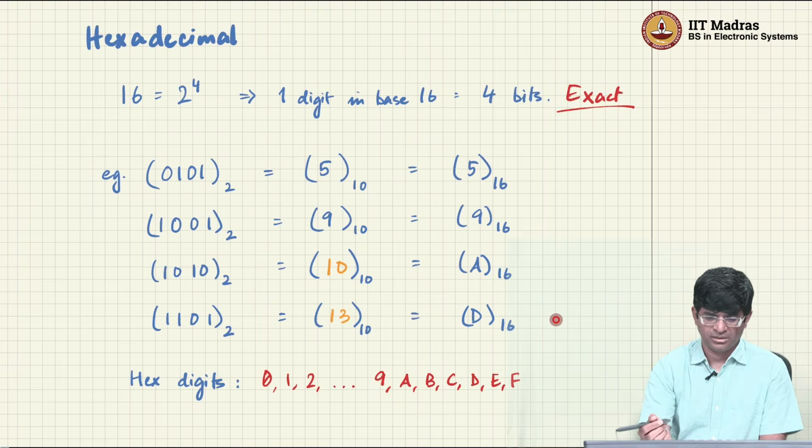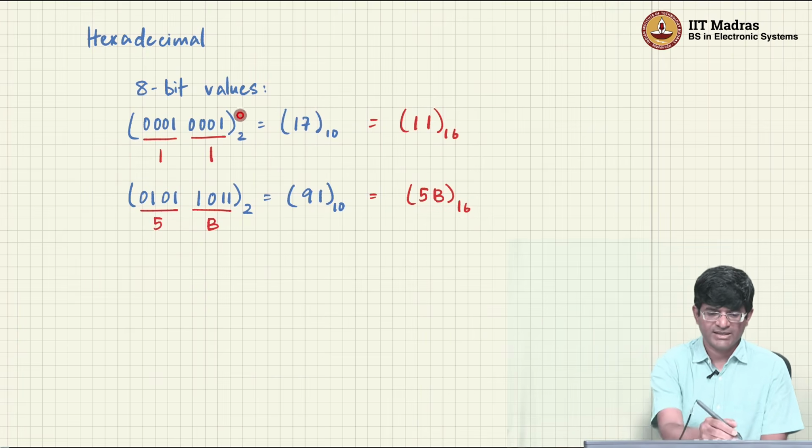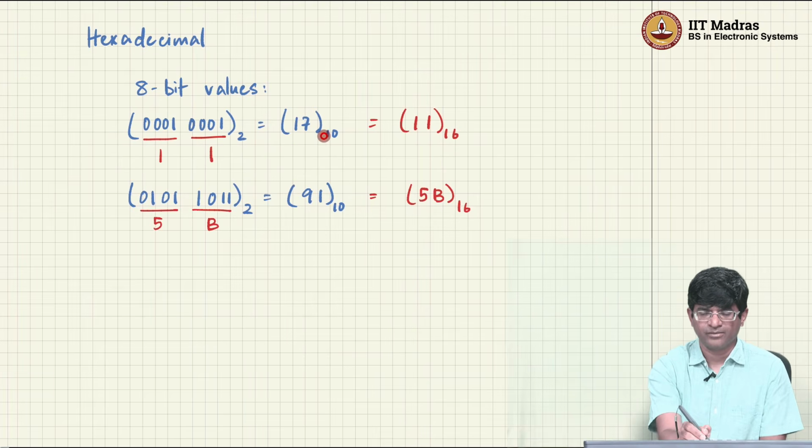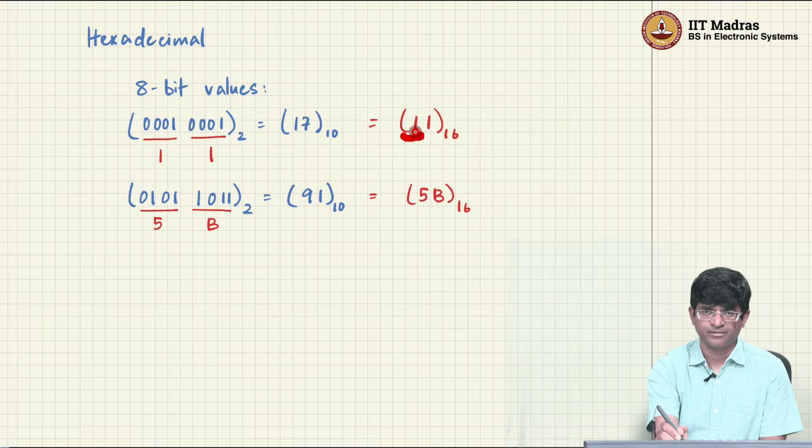And where that really shines is when we start taking larger values. So for example, 8-bit binary values, if I want to convert one into decimal, yes, I can do that. I will end up getting a value 17, but in hex it's very easy. I just take 4 bits at a time, and that becomes this LSB. The next 4 bits becomes the next digit out here.